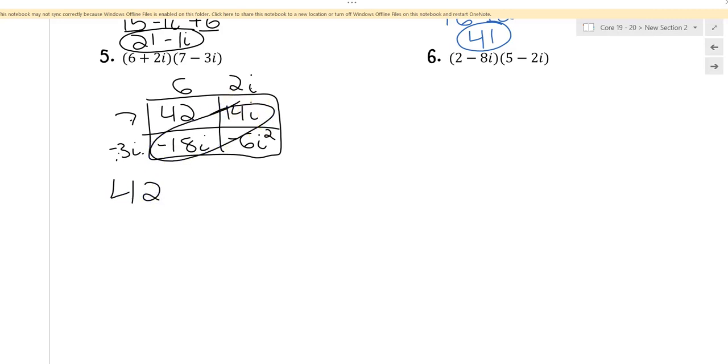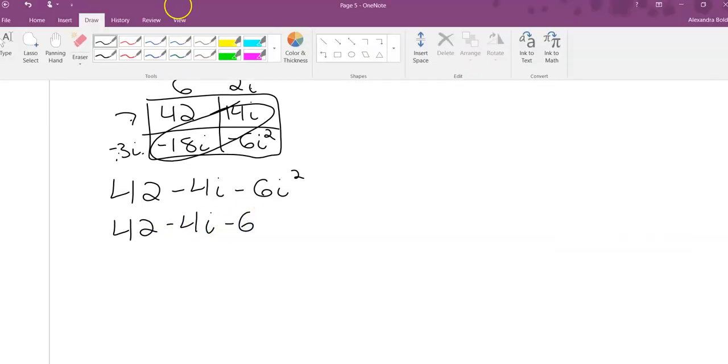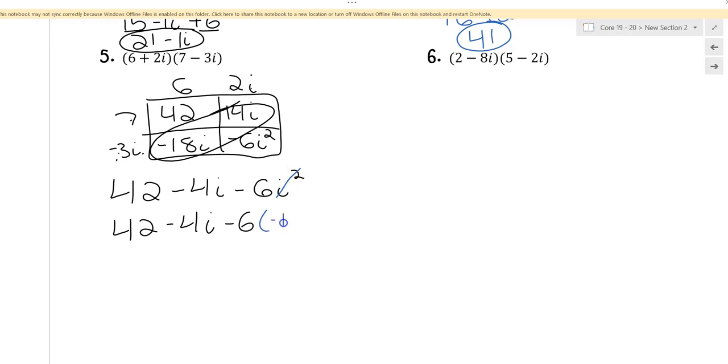We're combining those. Negative 18 plus 14 is negative 4. This i squared becomes negative 1. So now I have 42 minus 4i plus 6. 42 and 6 can combine to 48 minus 4i.